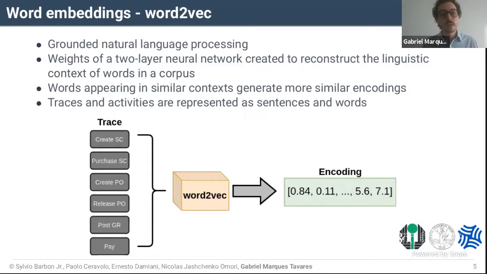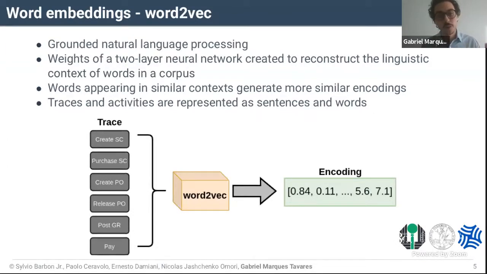And word2vec is a two-layer neural network created to reconstruct the linguistic context of words in a corpus. This means that words appearing in a similar context will generate similar encodings because of the context surrounding these activities. In our work, we understand traces and activities as sentences and words respectively.